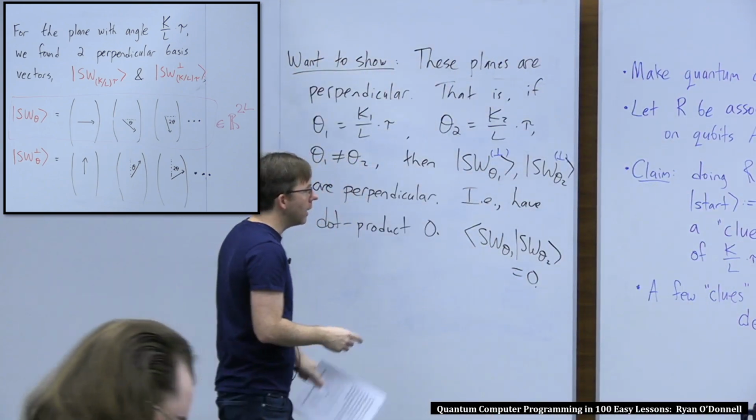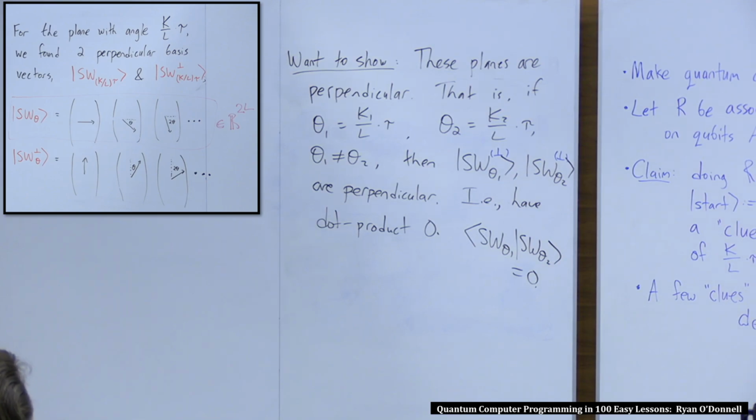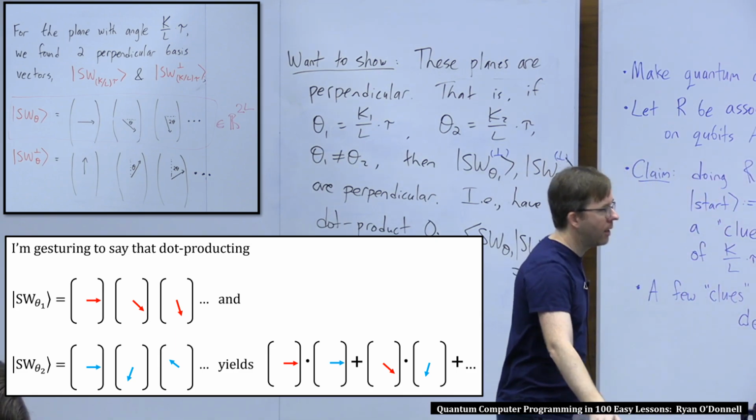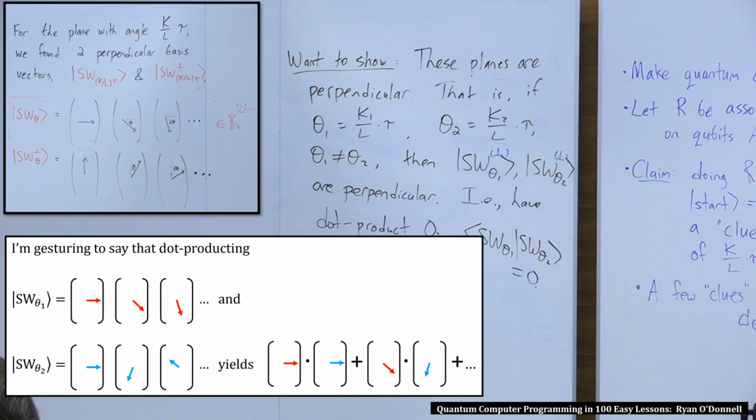Okay, so we're going to be dot producting two vectors that look like this, but have different amounts of angle by which they change. And how do you dot product things? Well, imagine, I'm not going to do it, but imagine we're dot producting this and this. Then we multiply these two numbers and these two numbers and add that, and also multiply these two numbers and these two numbers and add that, and also these two and these two and add that.